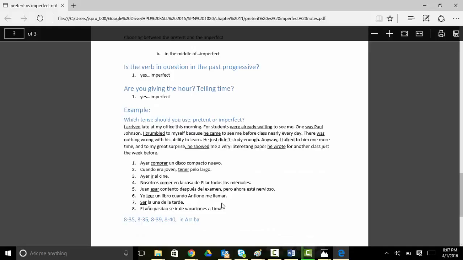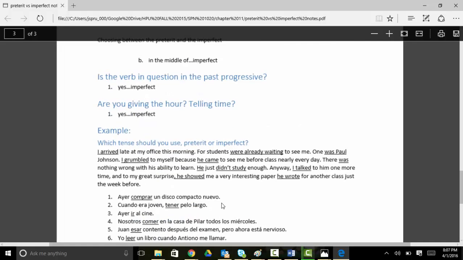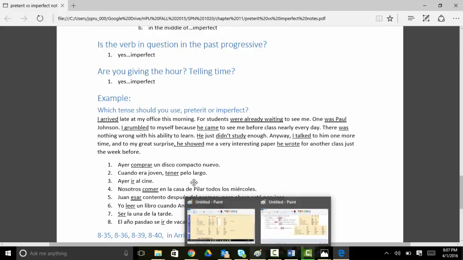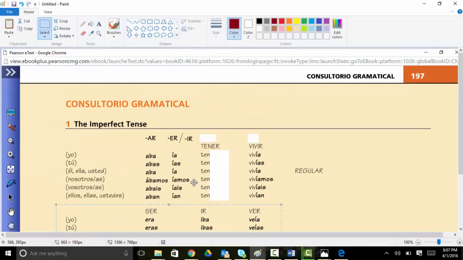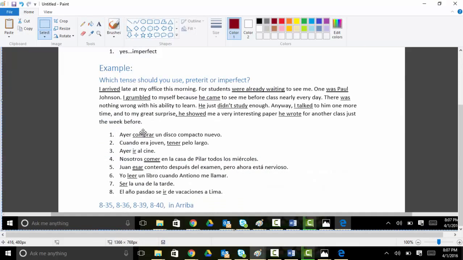Okay, so here's just a couple of examples we can do really quickly. And we'll probably do this in class as well. So here, if you're looking at this particular activity, this one's in English, we just kind of want to figure out whether we would use the preterite or the imperfect here.